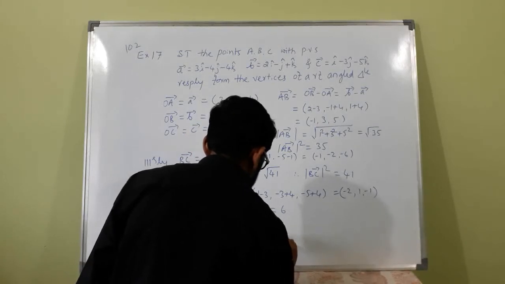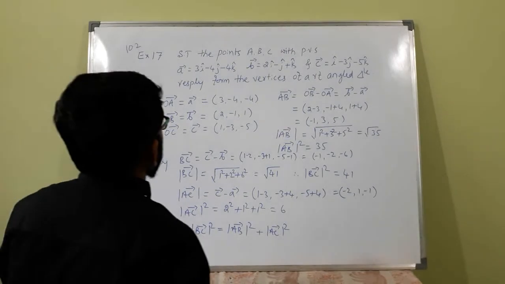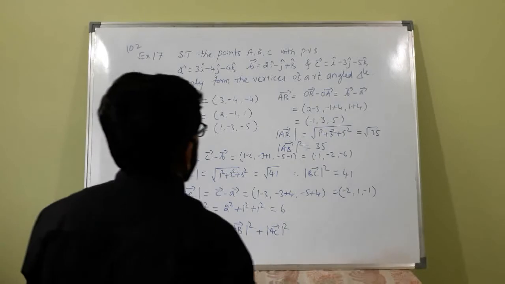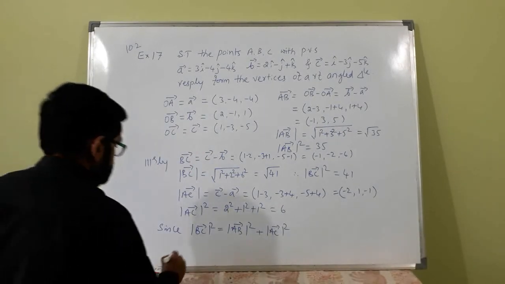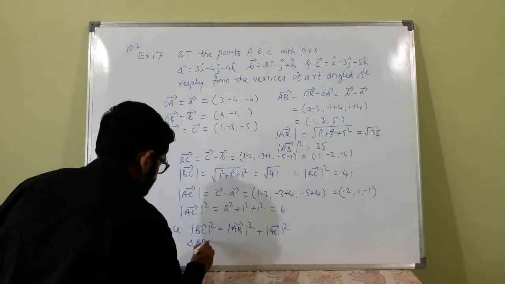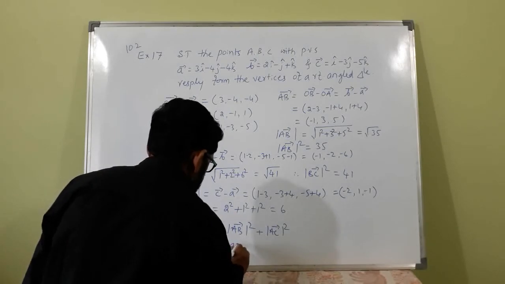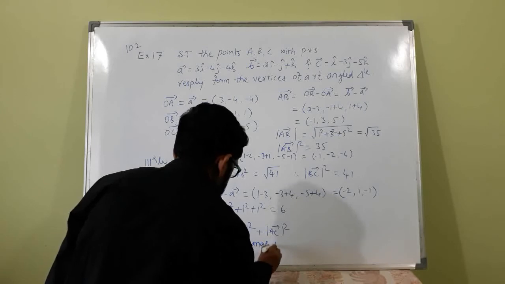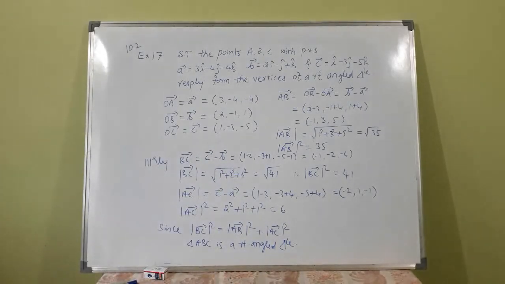The points form the vertices of a right angle triangle. Triangle ABC is a right angled triangle. Okay.